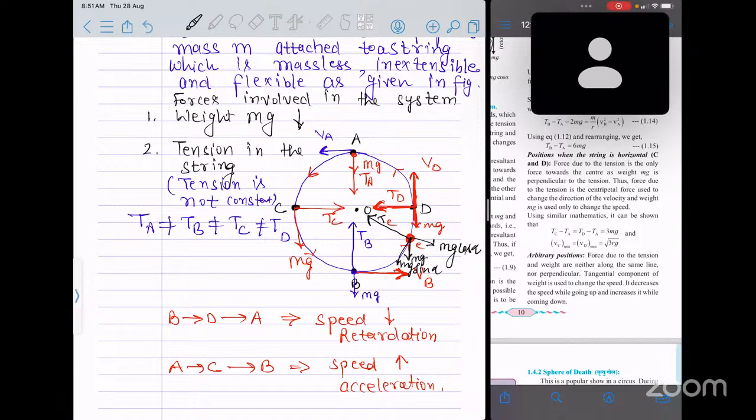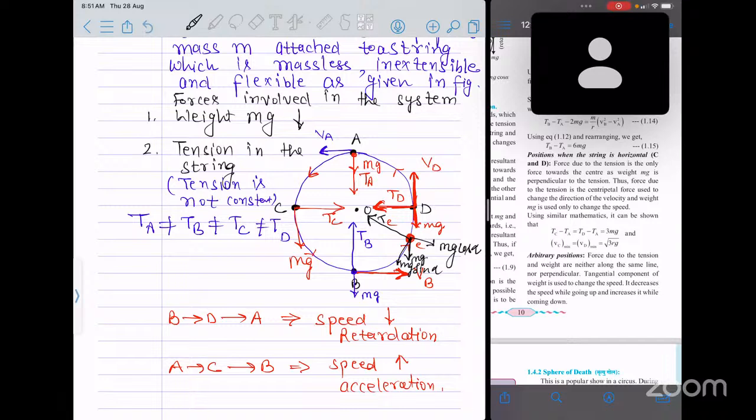You will get the minimum possible velocity at point C. Similarly at point D. At point C and at point D velocity will be the same because motion is symmetric. Air resistance is not present. So whatever will be at point C, the same will be at point D.